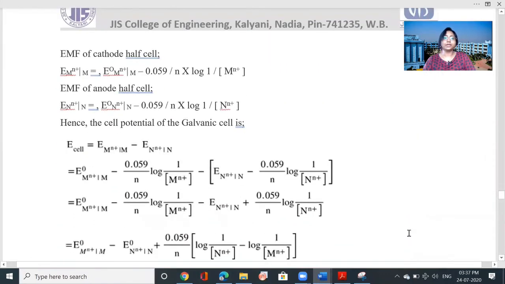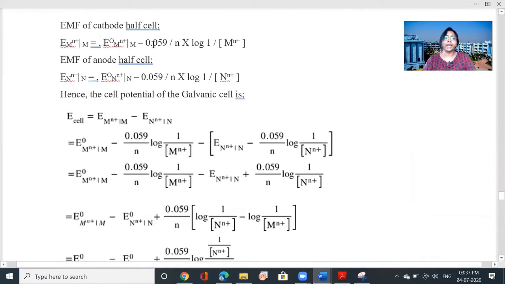Now look at the EMF of the cathode half cell. What will it be? Following this law, we get E of M^n+ | M, and we just put the value in the given equation.